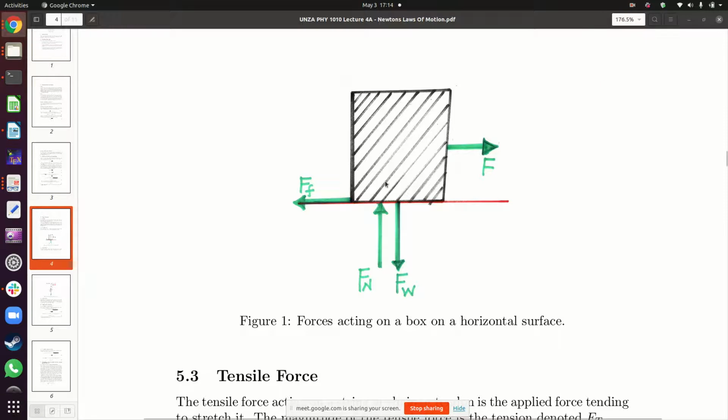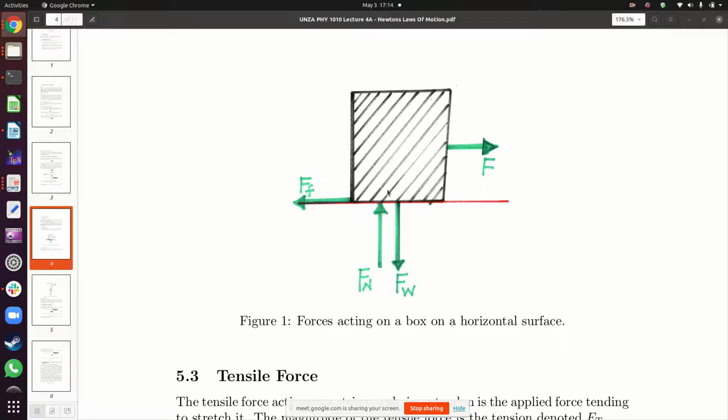So as I was saying, even in a simple setup like this one, where you have an object just lying on a table or lying on the floor, there are actually a number of forces which can work on that particular object depending on what you want to do.